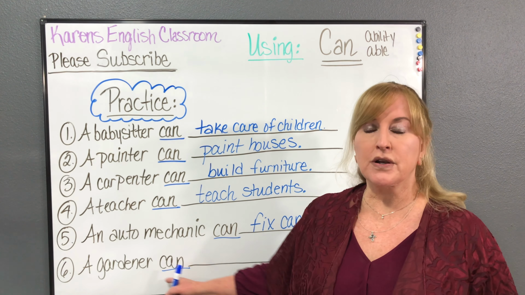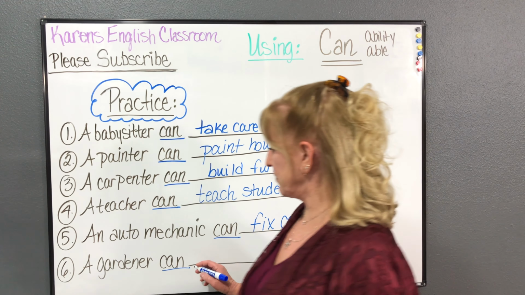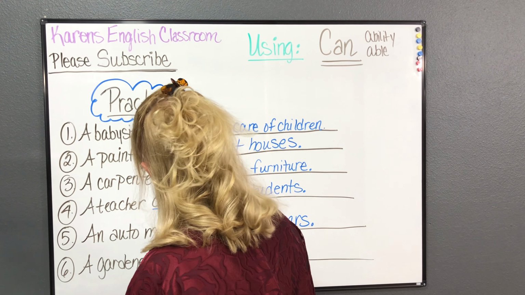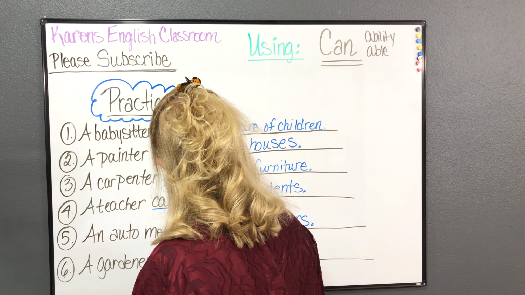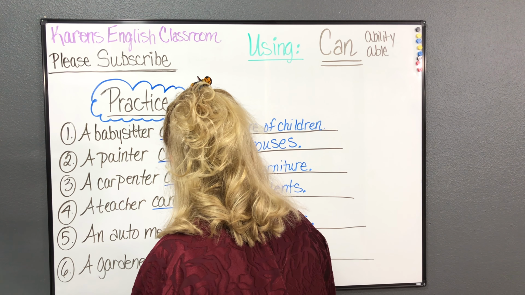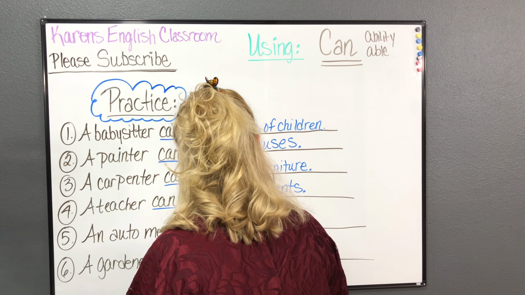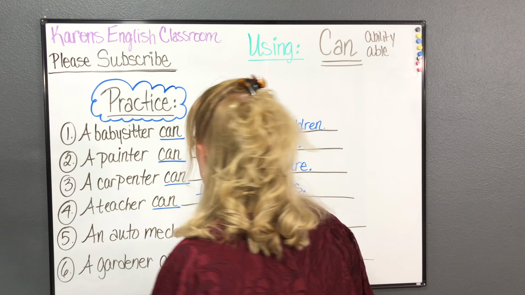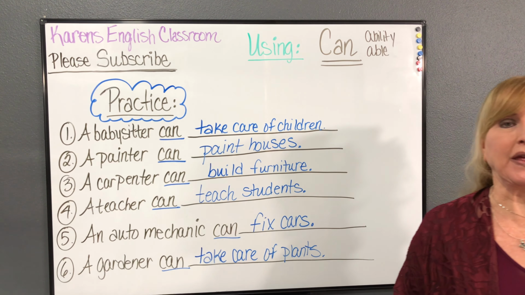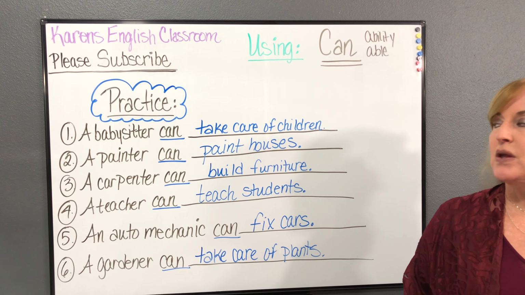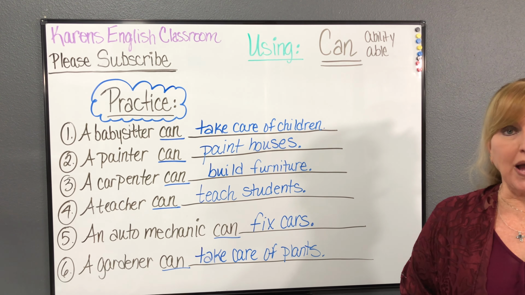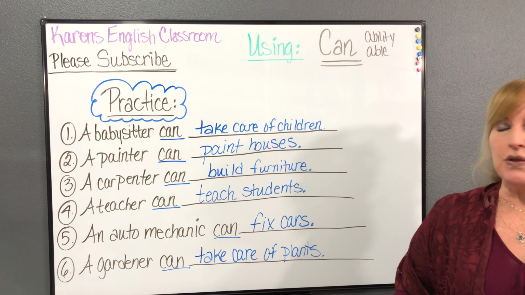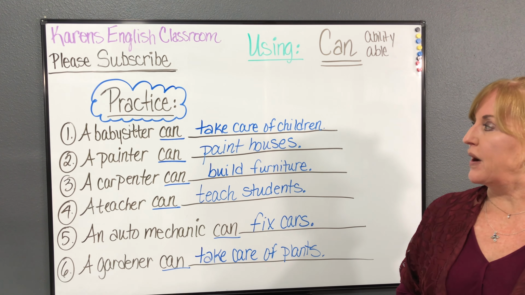So a gardener can, we'll say, take care of plants. But once again, a gardener can do many, many things. They're very important. All right, class, so let's go ahead and practice and we'll review using can.